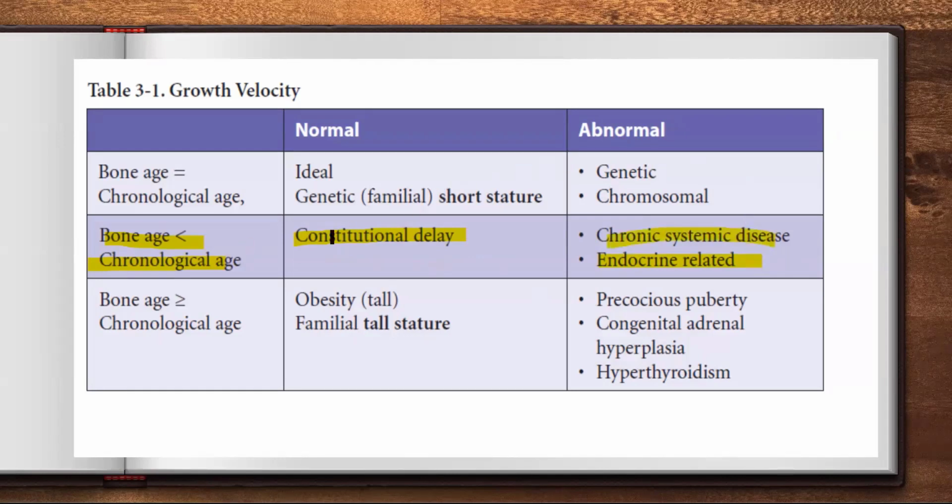Now you can easily differentiate familial short stature, because in familial short stature, bone age and chronological age are equal. So what is the main difference between familial short stature and constitutional delay? Some patients will grow at a slower pace, but eventually they will attain normal growth.